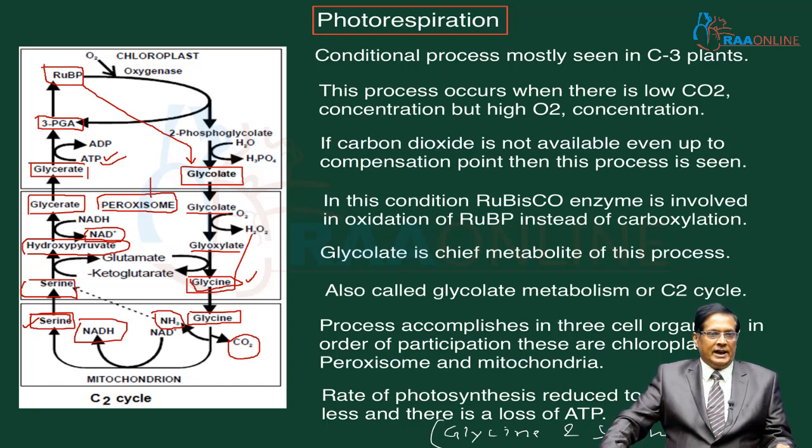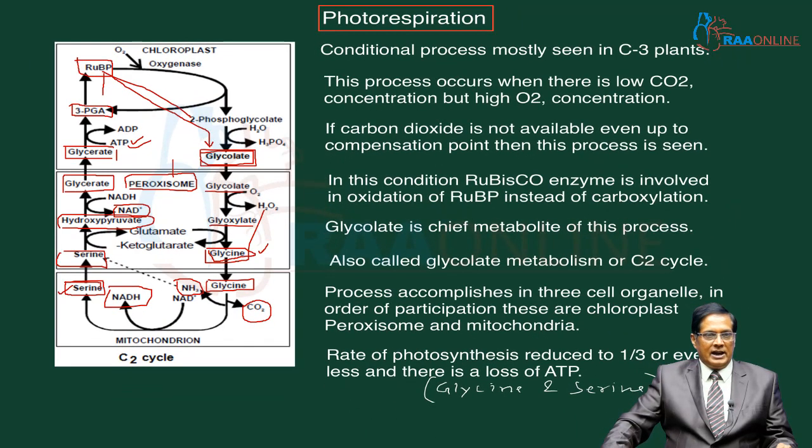Actually when RuBP oxidizes, it produces two compounds, first one and this is second one. So this is also obtained by the glycolate, as well as directly from the RuBP. So this is the photorespiration.